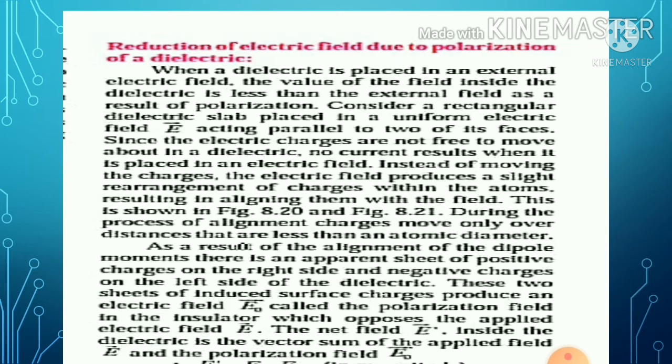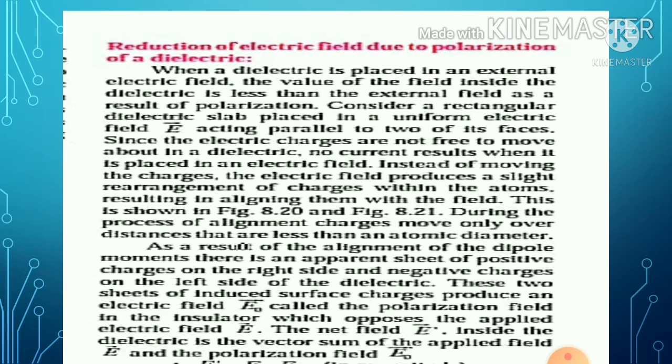In a slab, there are many atoms, and in each atom, due to the external electric field, after some time there is a rearrangement of charges, resulting in alignment with the electric field.